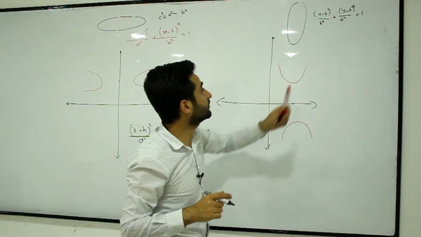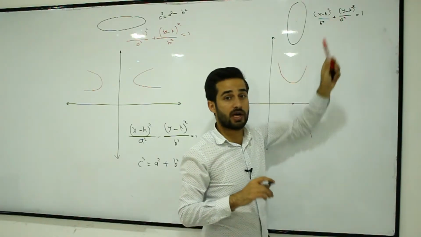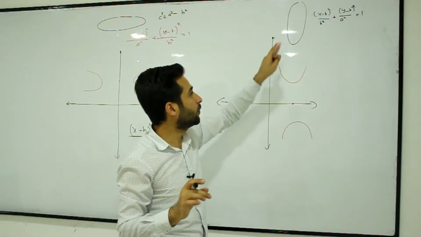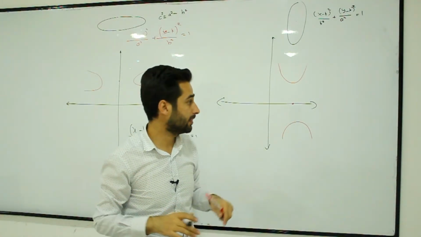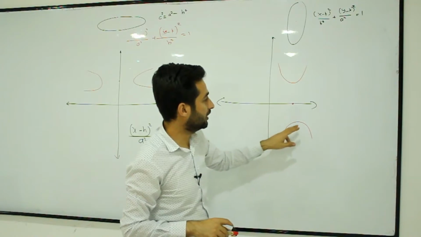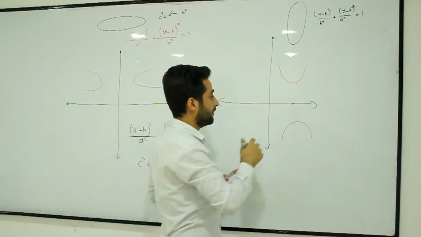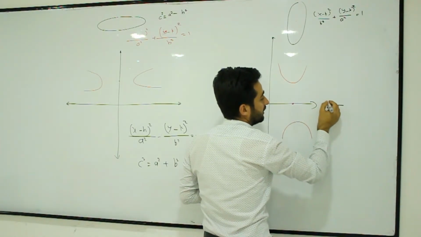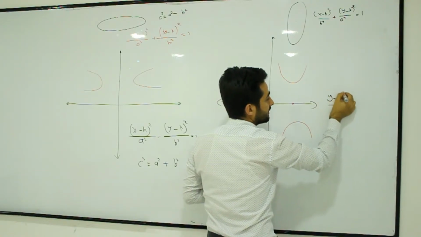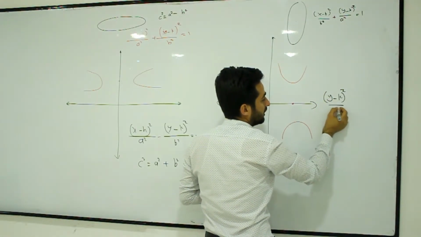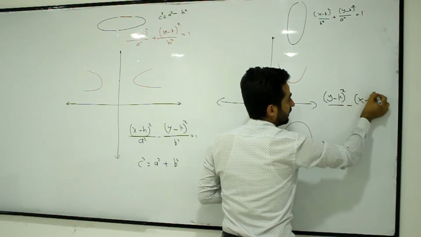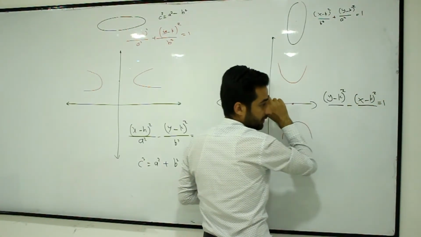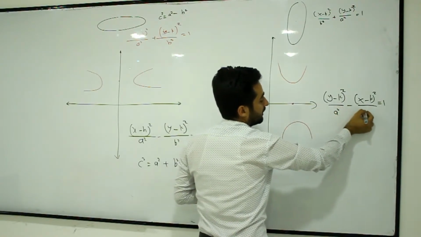Here we have a squared under y, so we can say the ellipse is a vertical shape. But here there is a change. Because this is vertical, y is positive: y minus k squared over a squared minus x minus h squared over b squared is equal to 1.